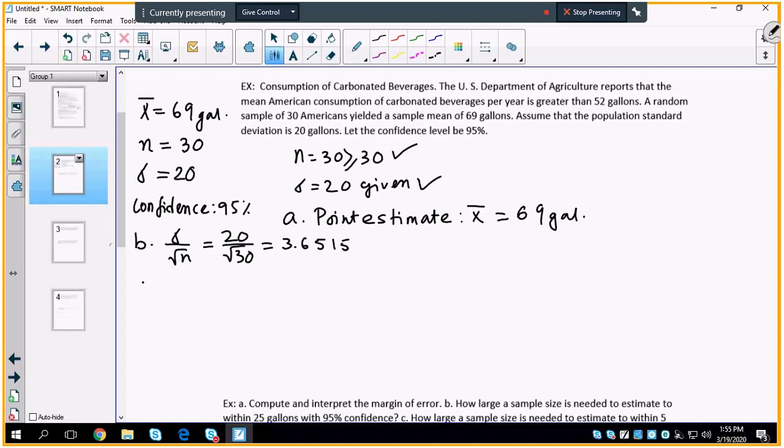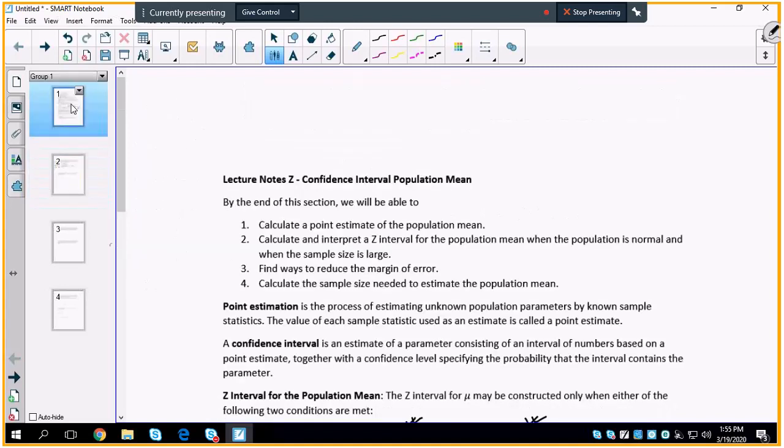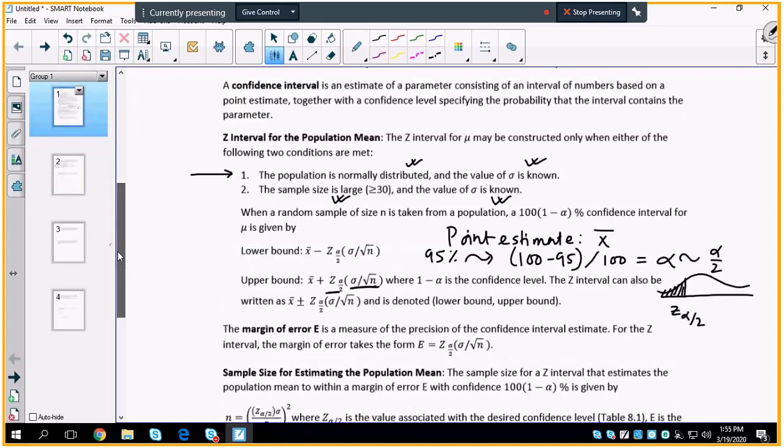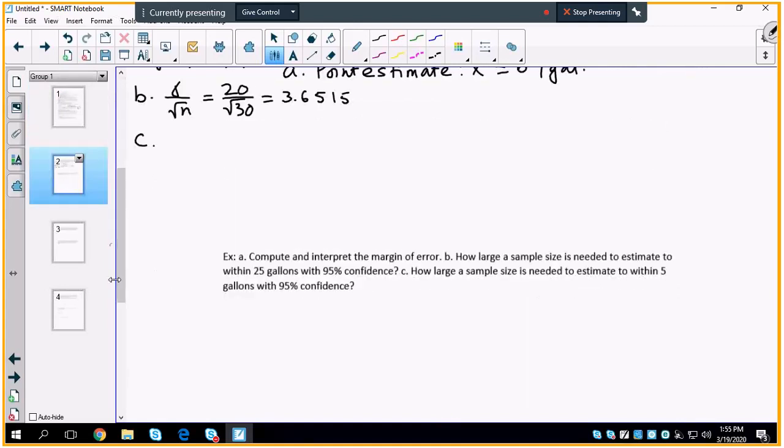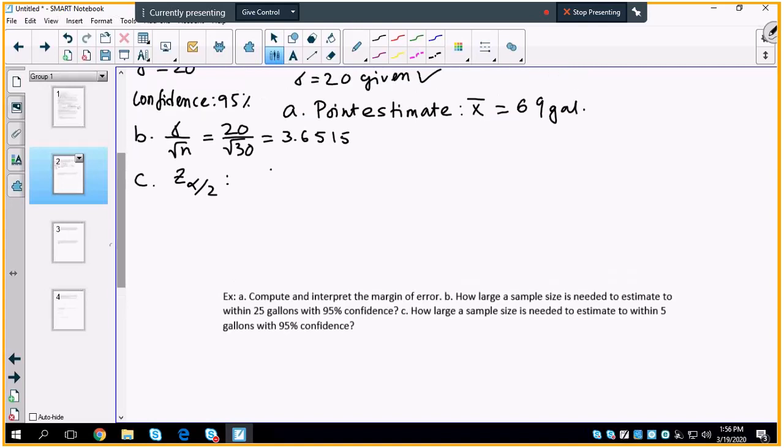The third question is find Z alpha over 2. The Z alpha over 2 will be found using the confidence level. So since the confidence level is 95% for this problem, we will say alpha is 100 minus 95, and then I am going to divide it by 100.